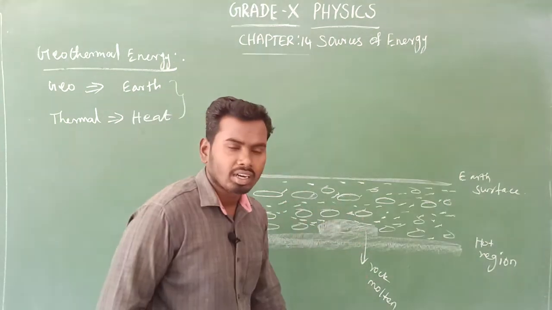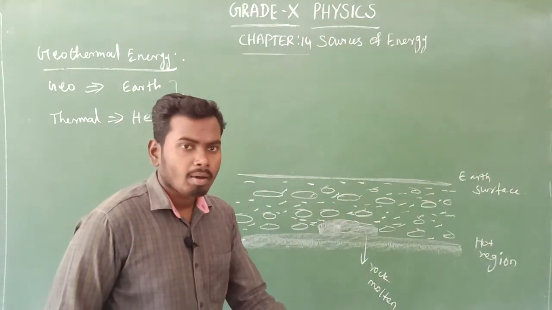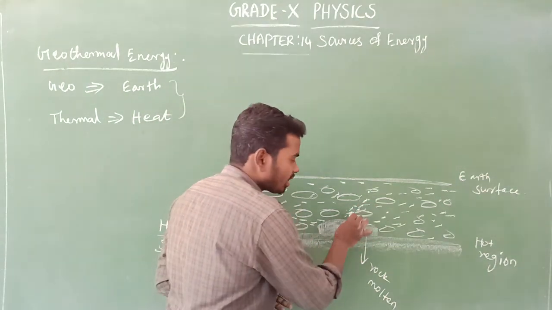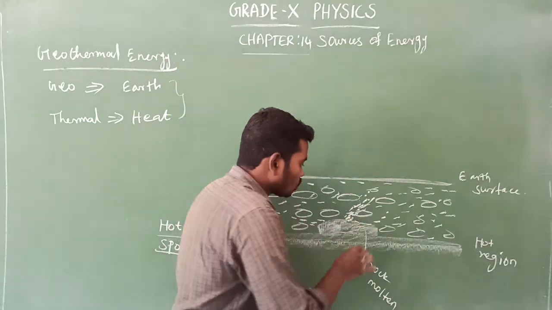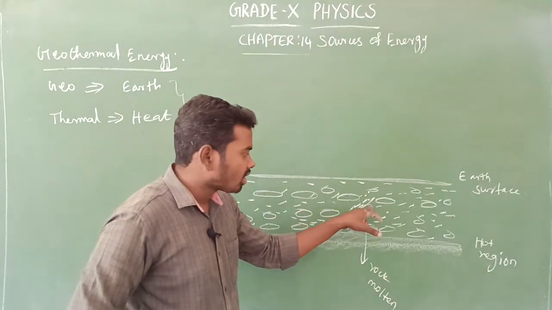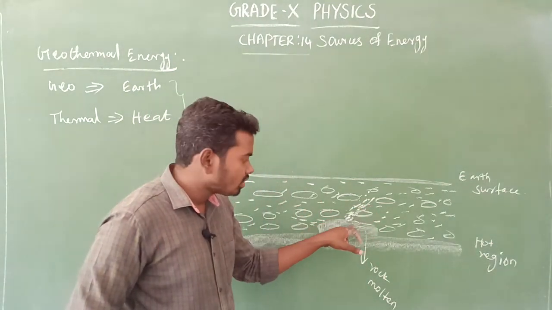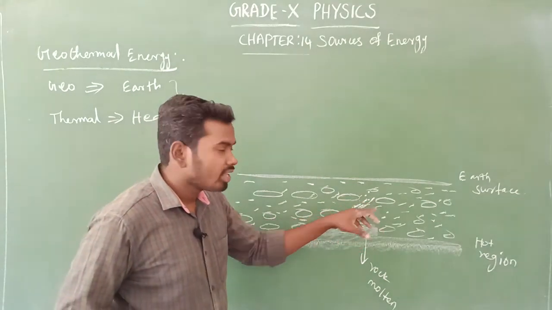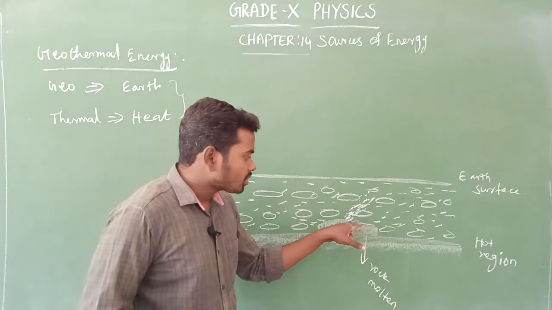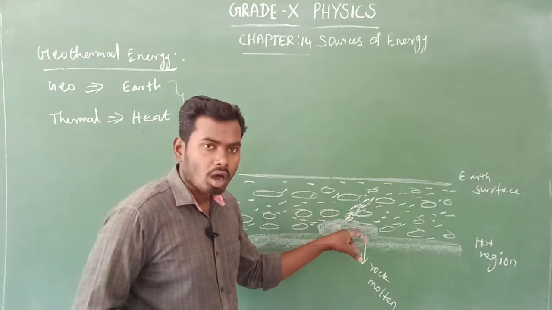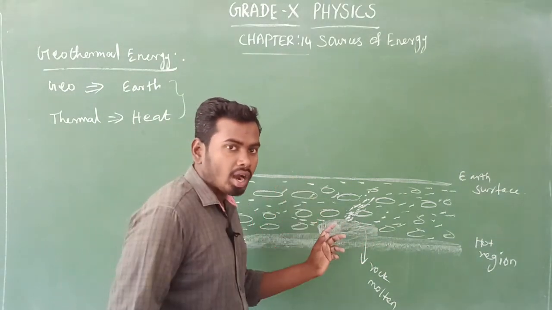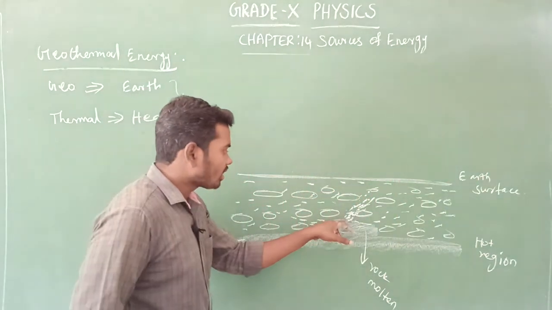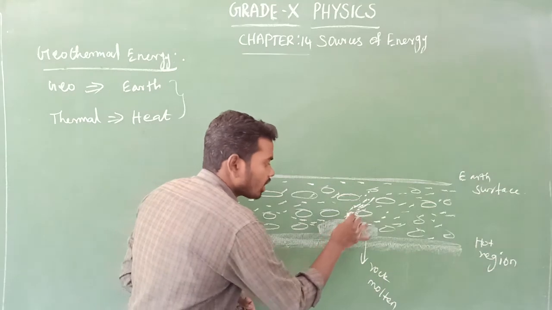So inside the earth there is groundwater also. So when the groundwater comes in contact with these molten rocks, note this point, very very important point, what will happen? The water converts into water vapor, isn't it? Yes, the water converts into water vapor.